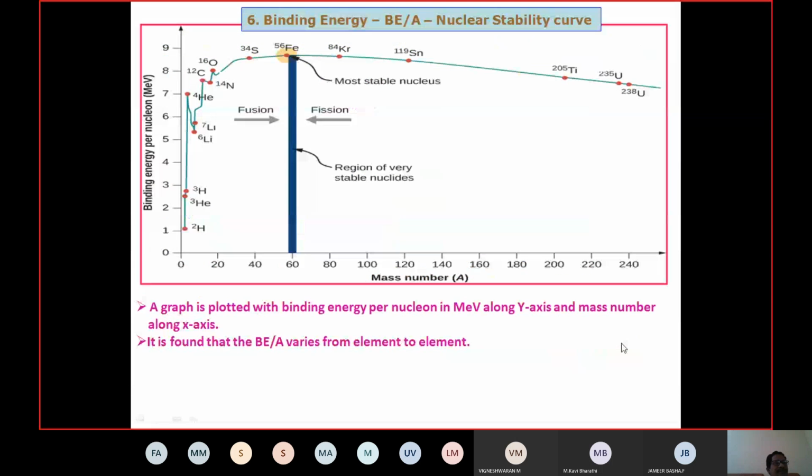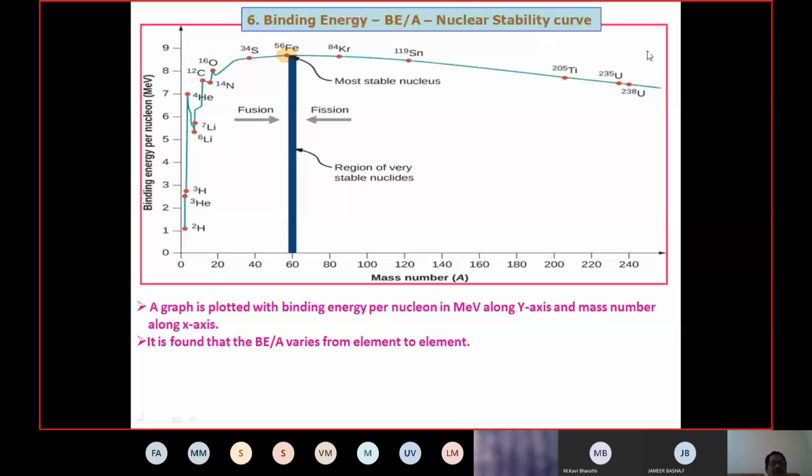So this is the graph. The graph is plotted with the binding energy per nucleon in mega electron volt and the mass number on the x-axis. It is found that binding energy per nucleon varies from element to element.